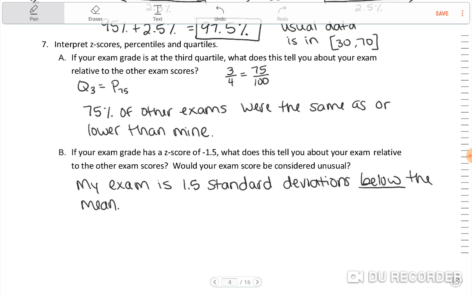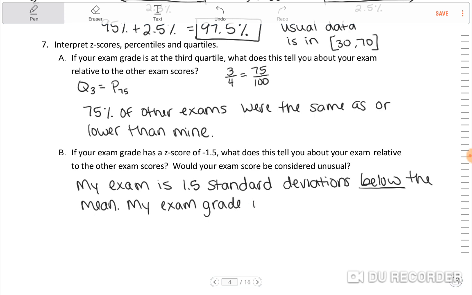No, because remember I just said it has to be outside of 2 standard deviations. This is still within 2 standard deviations. Now, if it was negative 2.5, then it would be considered unusual because it's more than 2 standard deviations away in either direction. So no, my exam grade is not unusual.